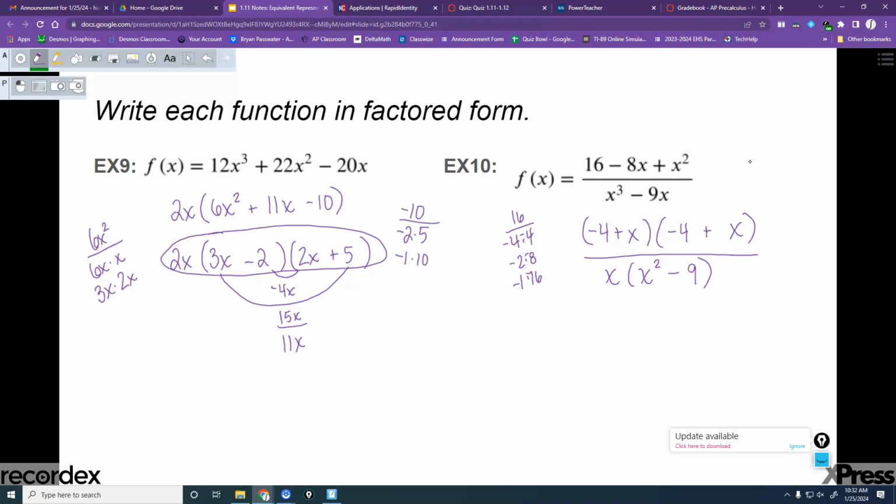X squared minus 9. What's it factor into? X plus 3 and x minus 3. So I could write it like this, negative 4 plus x squared, and then x times x minus 3, x plus 3. This is good for finding zeros. It's good for finding vertical asymptotes and holes in the graph.